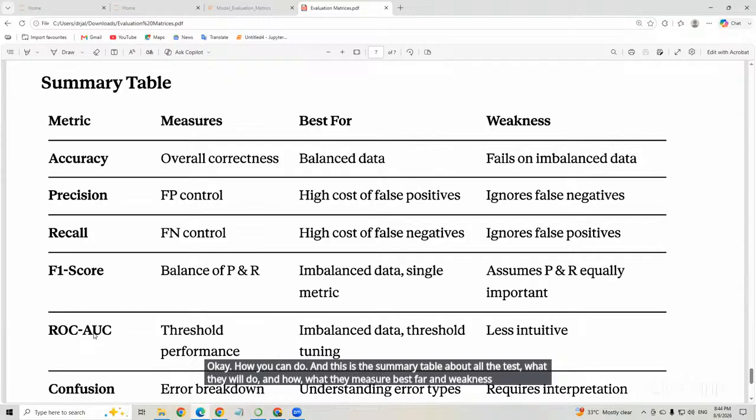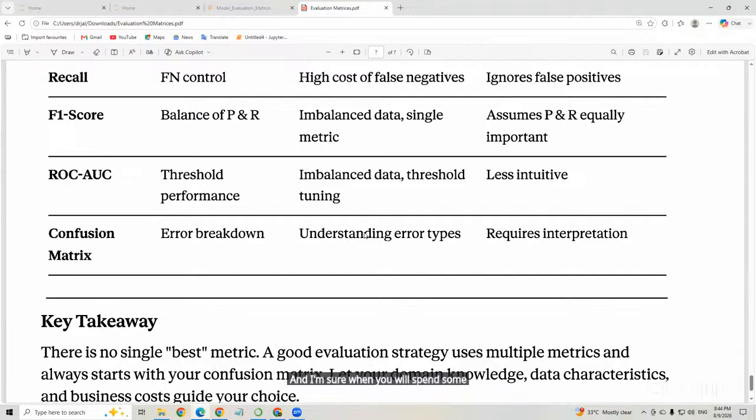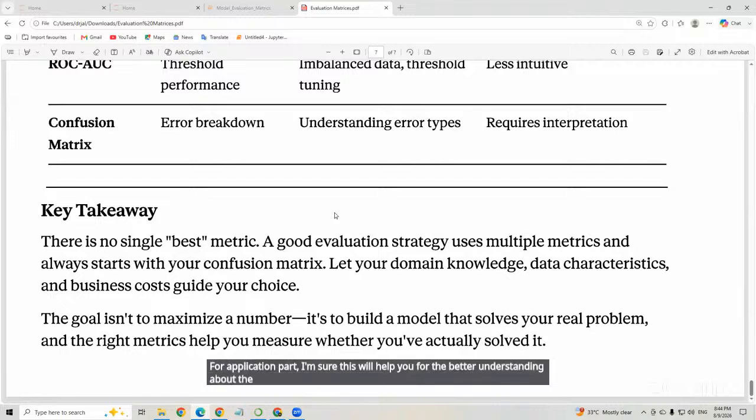Okay, so when you go through this entire table and study all the concepts, this is the overview about these metrics, and I'm sure when you spend some time and understand these parameters for the application part, this will help you with a better understanding of the evaluation of the test which you are going to apply to your model.